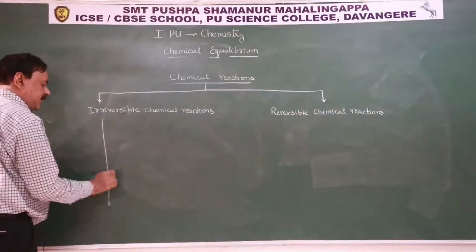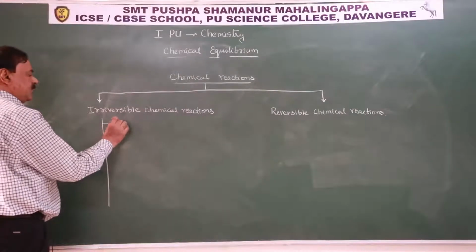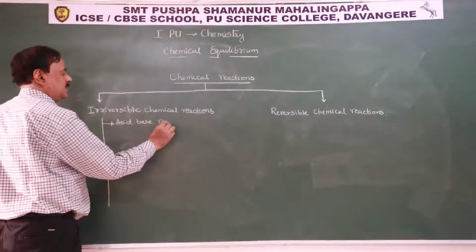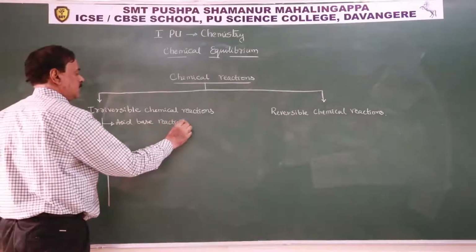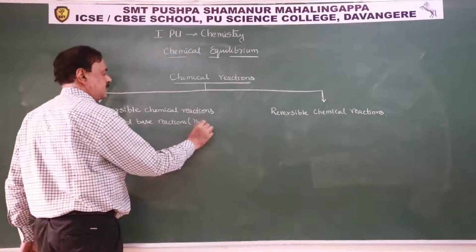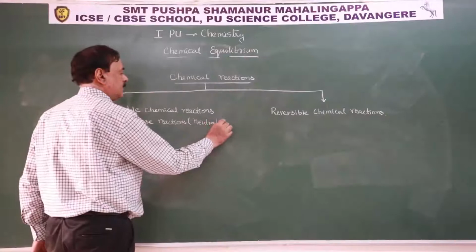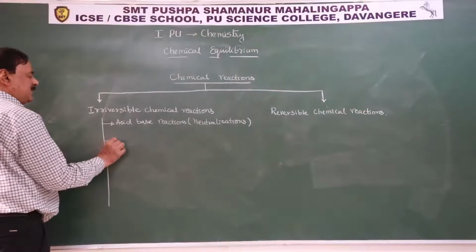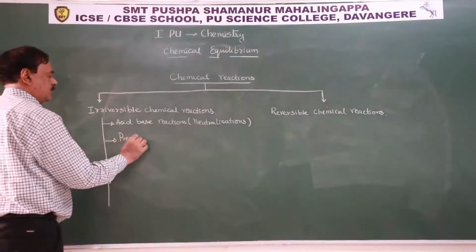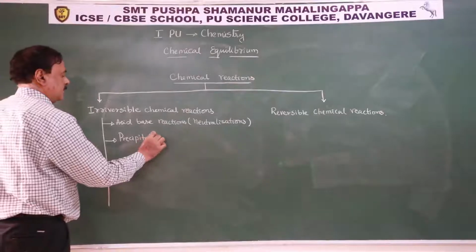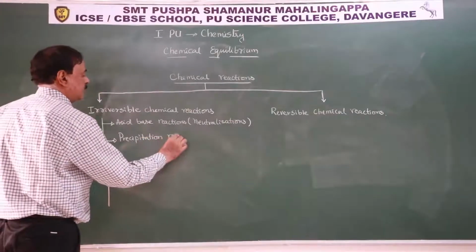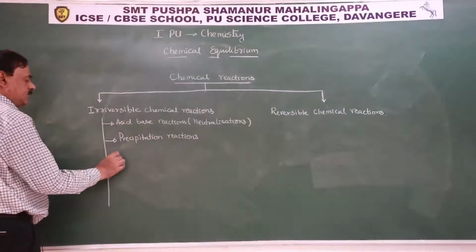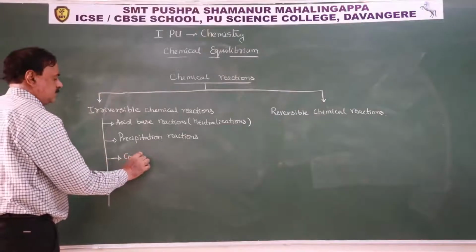In irreversible chemical reactions, you have examples of acid-base reactions, that is nothing but your neutralization reactions, and precipitation reactions, and combustion reactions.